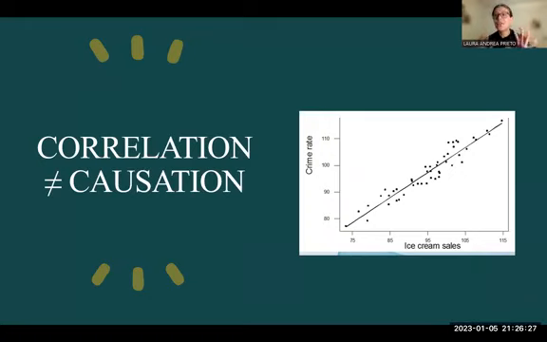So these two variables, ice cream sales and crime rates, are related. However, we cannot make the assumption here that ice cream sales cause an increase in crime. So just because two variables are related does not mean they cause one another. This is something to keep in mind, especially as you're reading, that correlation does not mean causation.